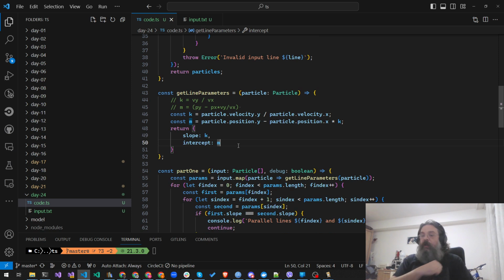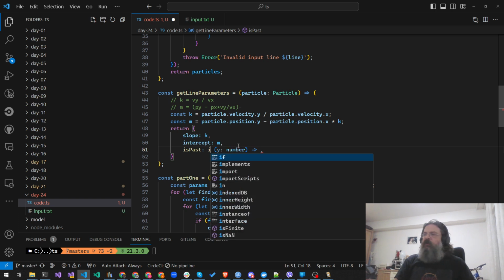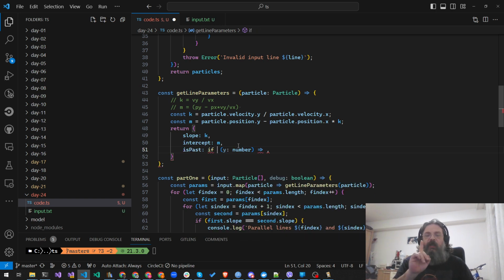I will actually add one more thing here. I will add a function isPast that takes a y value, which is a number. We might be able to use the slope, and here that transfers into the slope.